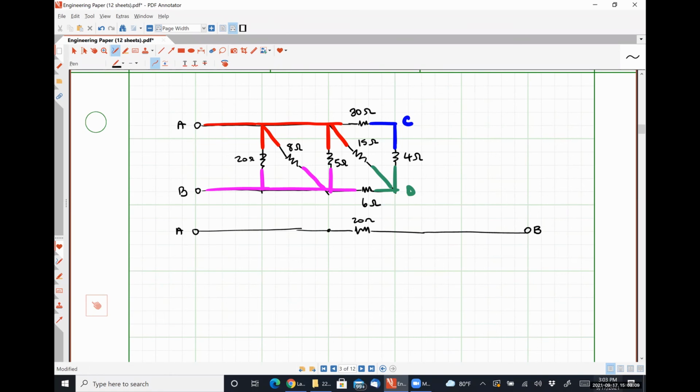I can go directly from A to B through the 8 ohm resistor, and I can go directly from A to B through the 5 ohm resistor. All right, I'm going to put a check mark by the ones that I took care of.